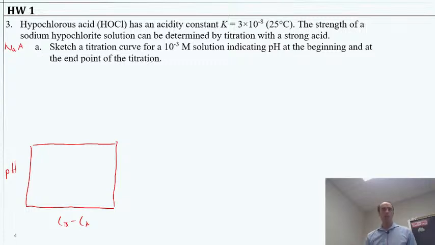So perhaps I think it would still make sense to write it this way. And then, without any other information, we can just go from 0 to 14 as a pH scale, although I think we could probably narrow that down if we were giving more attention to, okay, what is the beginning and end point?